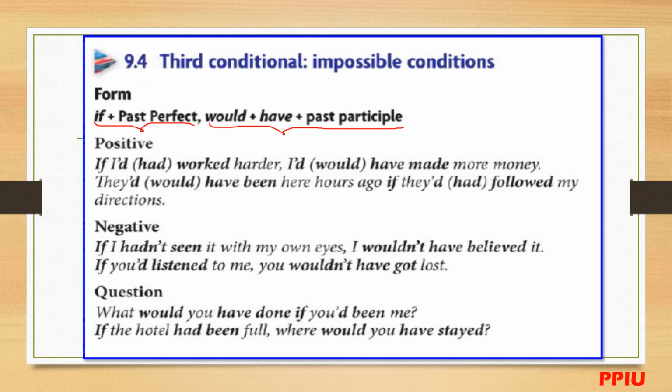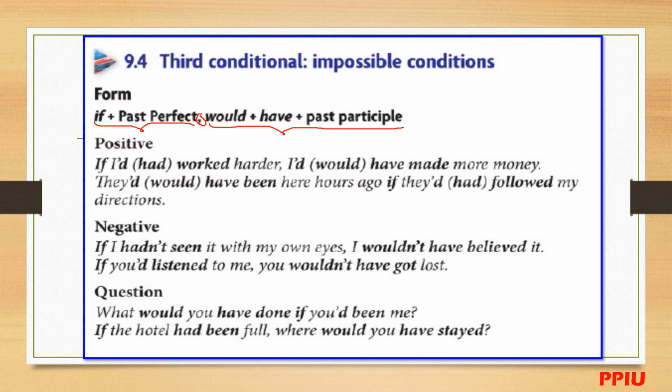We can say, continuing from last sharing, whenever the if clause is at the beginning of the sentence, we normally use a comma. But if the would clause is at the beginning, there is no need to use the comma, right?